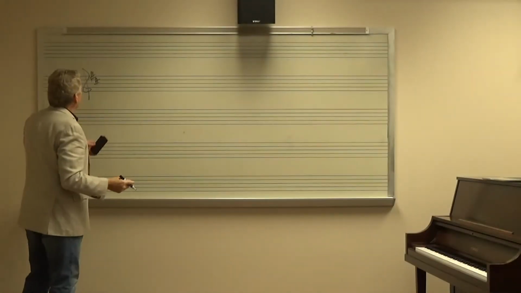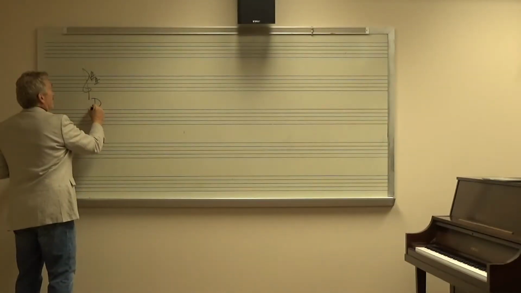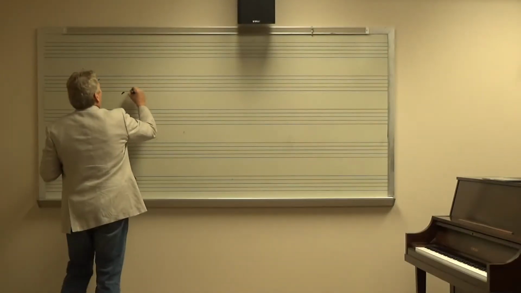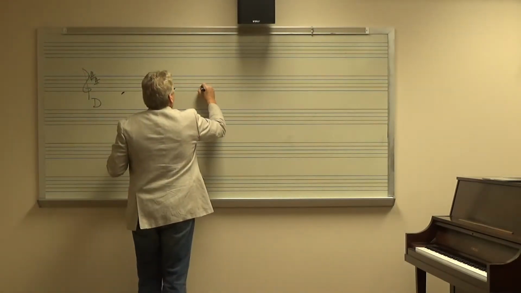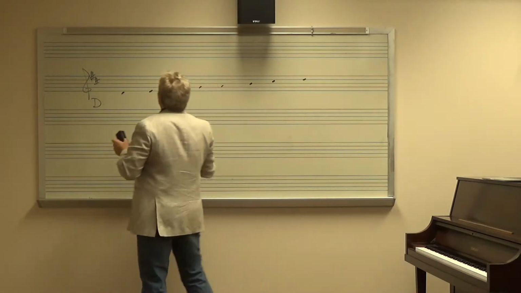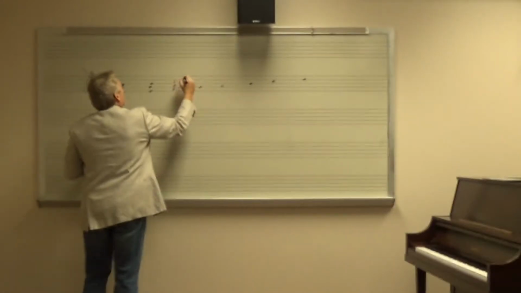Let's take here the key with 2 sharps, and we'll take major first. That would be D major, indicated with a capital D and a colon after that. And again, we're going to build a triad first on every scale degree.